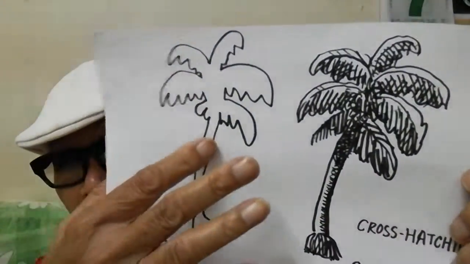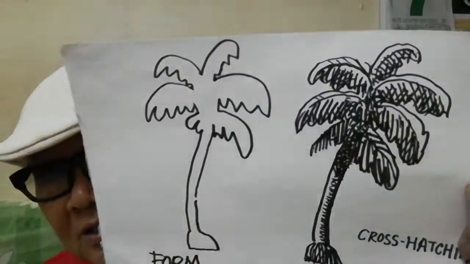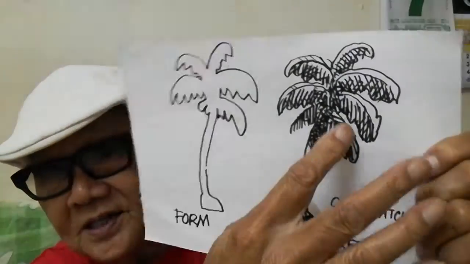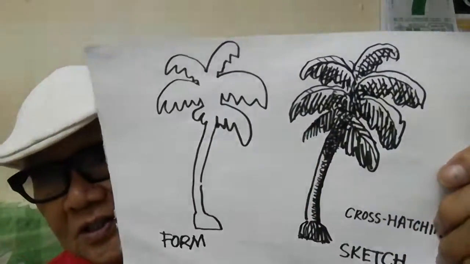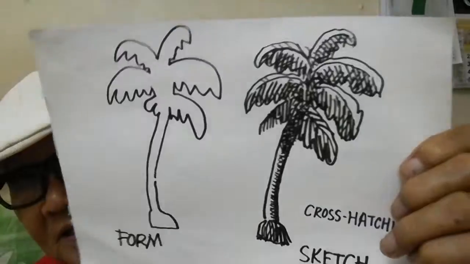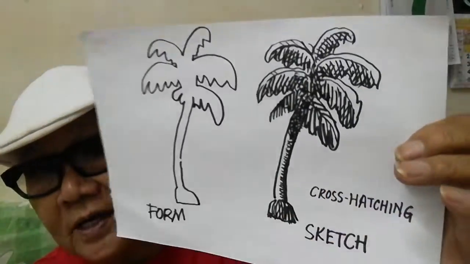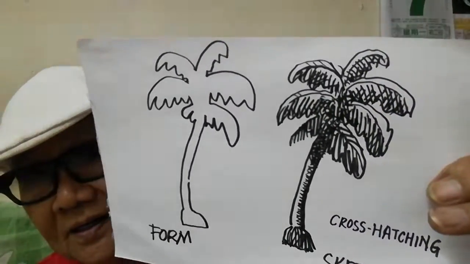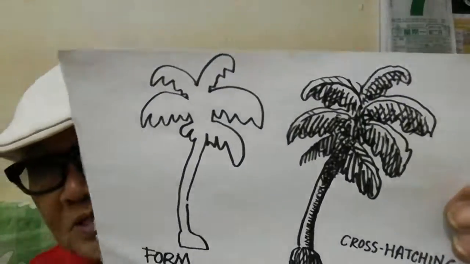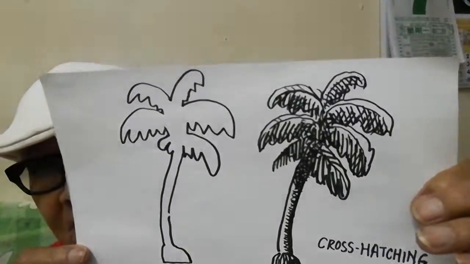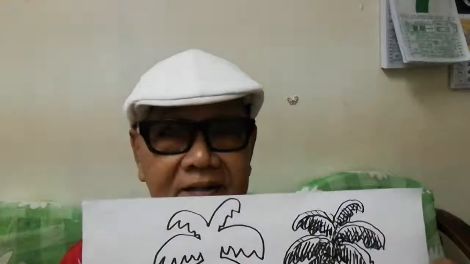This is a tree form where you don't have any shape. If you apply any of those techniques here, you get a tree like this. This one is done with the cross hatching technique. So basically this is what you will get.